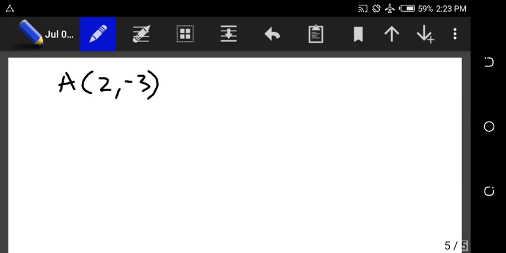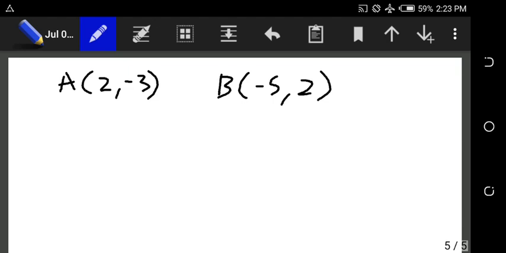Say we want to calculate the gradient of the line between given points A, 2, minus 3, and point B being minus 5, 2.